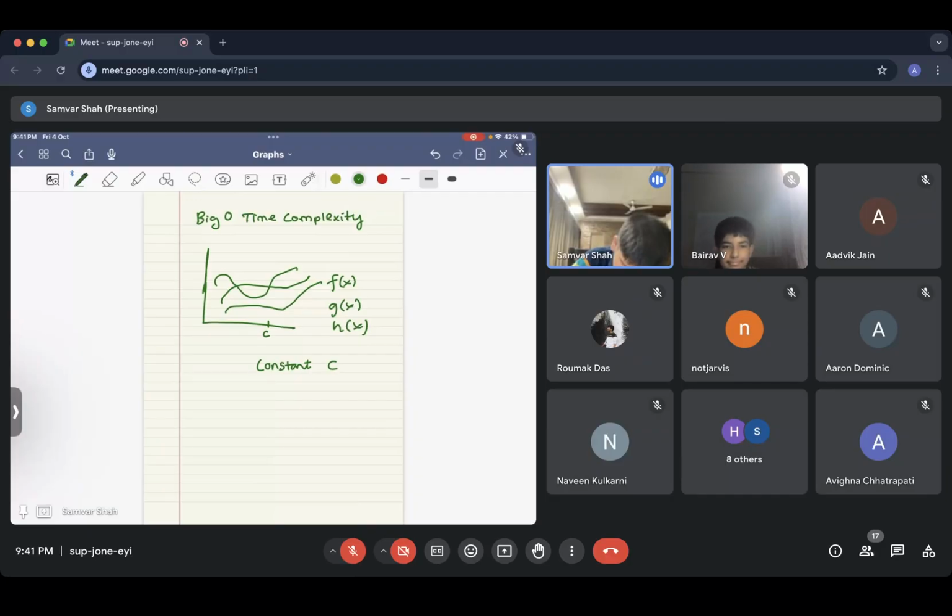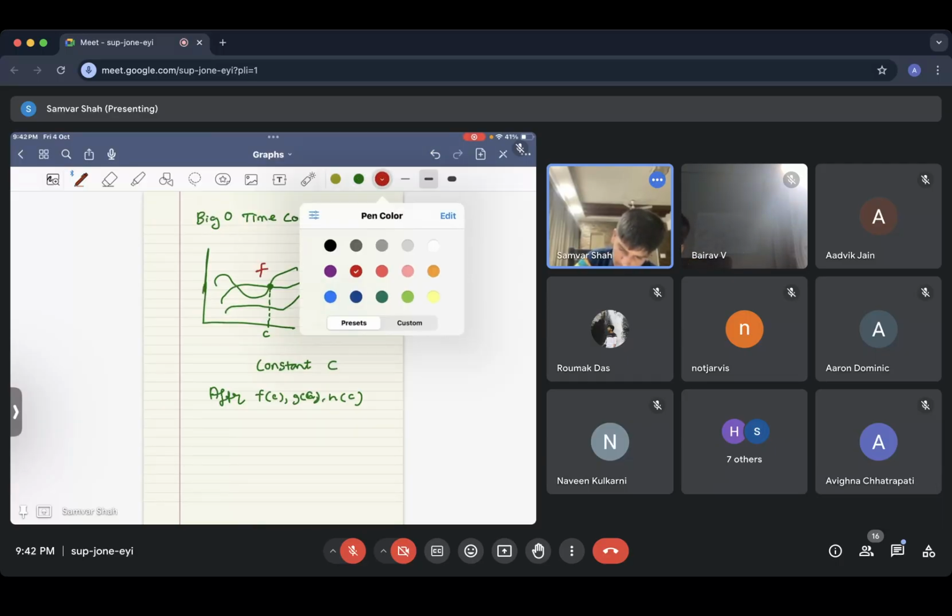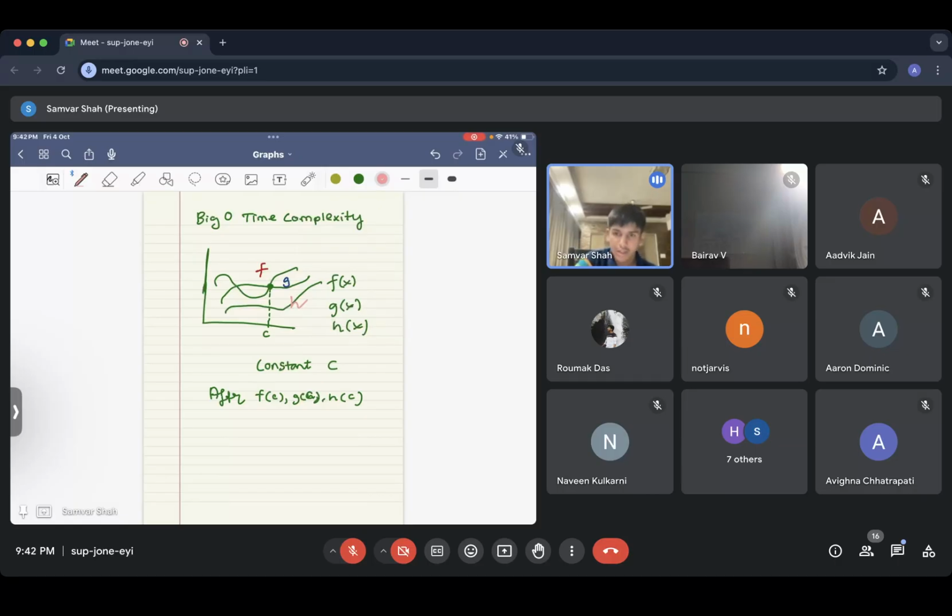So basically what it means is that if you consider this point C, then after point C, if this is f, this is g, and this is h, you see that after point C, g of x is upper bounded by f of x.